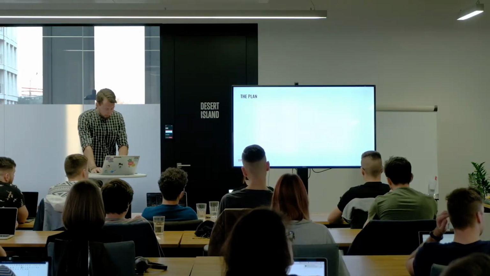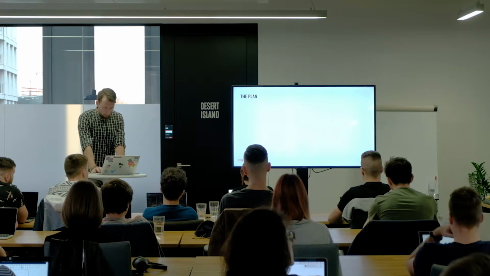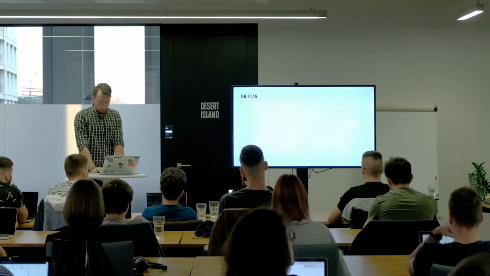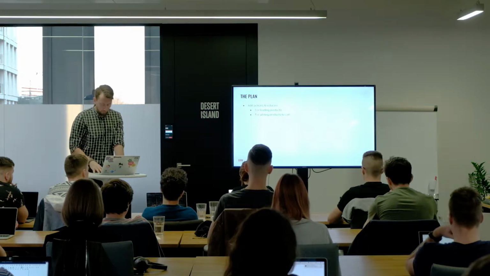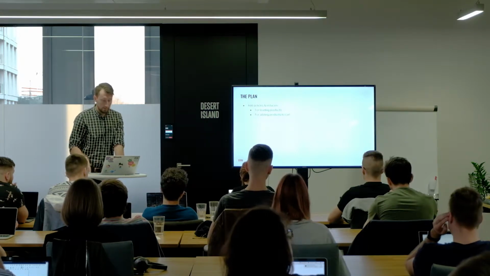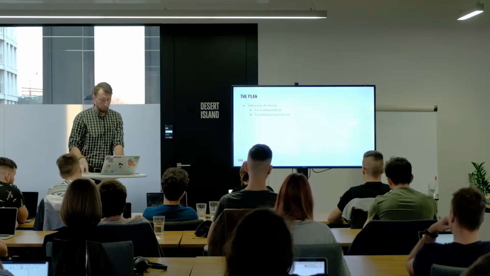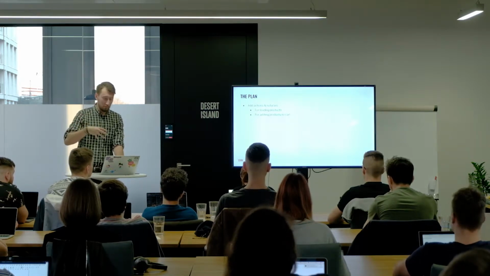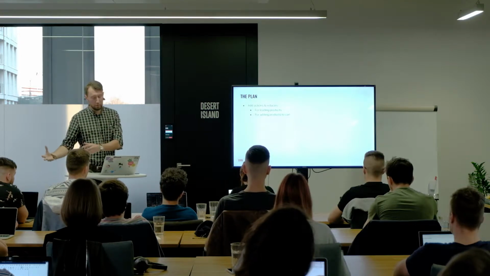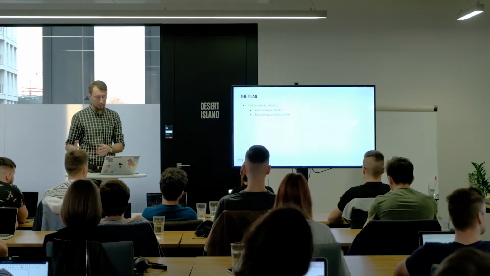Okay, so we are about to get into the live coding part. So just wanted to recap the plan, what we're going to build right now. So we're going to define actions and reducers for loading products, since right now we just load the products from API, but we don't put it in global state. So we'll create an action for that.